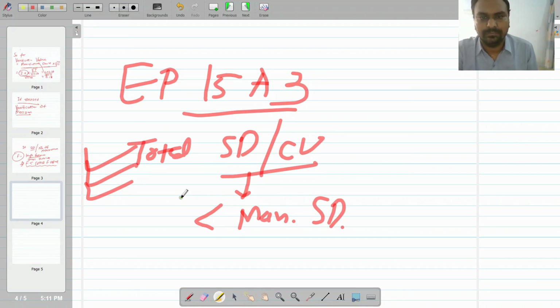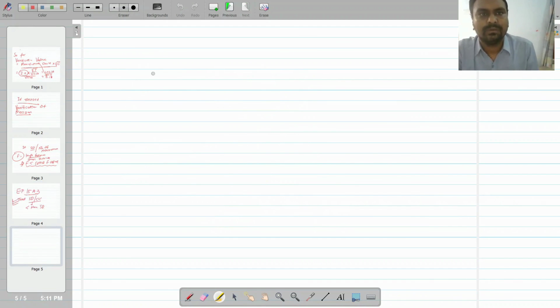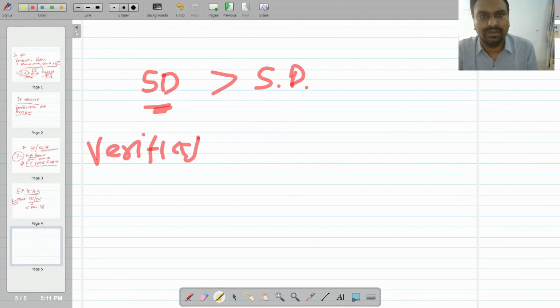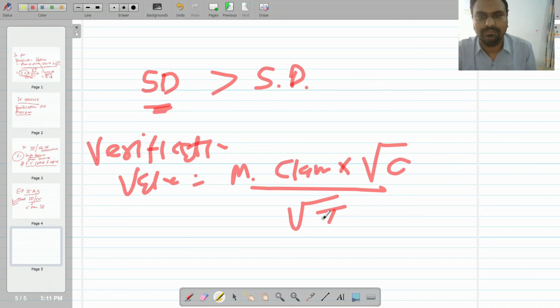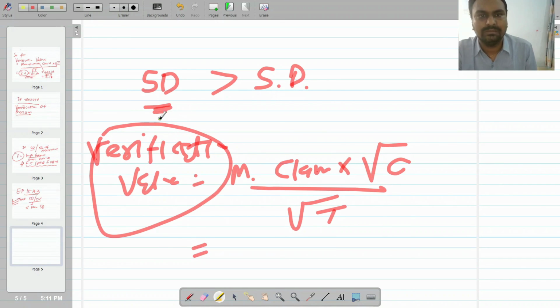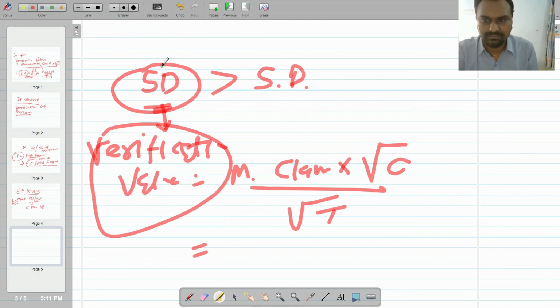But if our SD is more than the manufacturer's SD, then we have to calculate the verification value, that is manufacturer's claim into square root of C divided by square root of T. If this verification value is more than our laboratory SD, then the claim is valid.